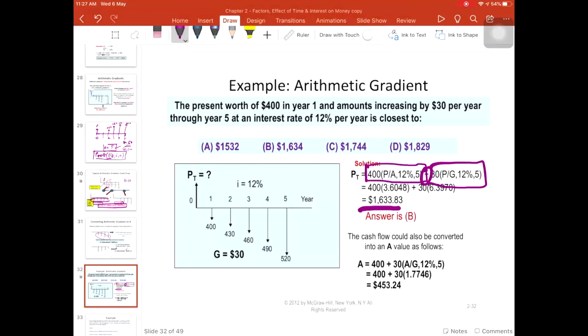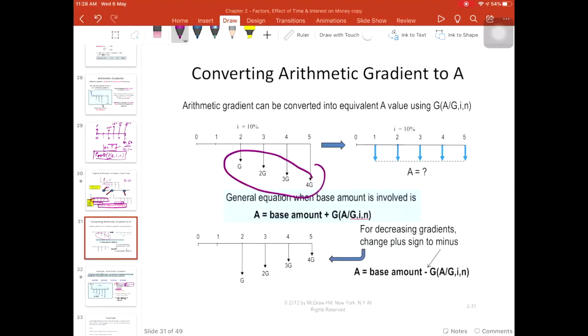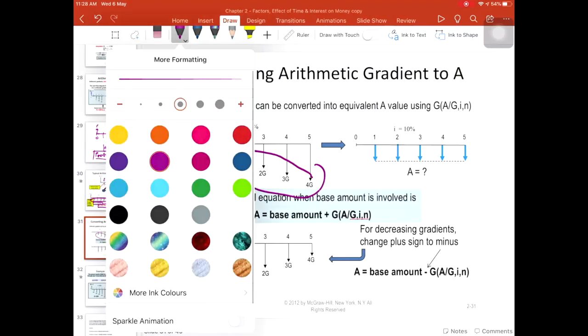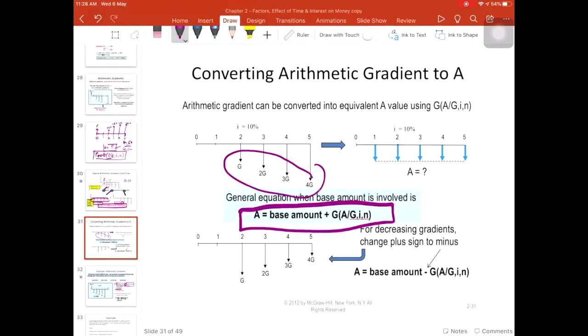But actually you want to pay the same amount every year. So you have to use this formula to get the A. Sometimes the question asks, what is the A? To recheck, you remember this formula for the A: base amount plus gradient AG in, to get the A from the T1.